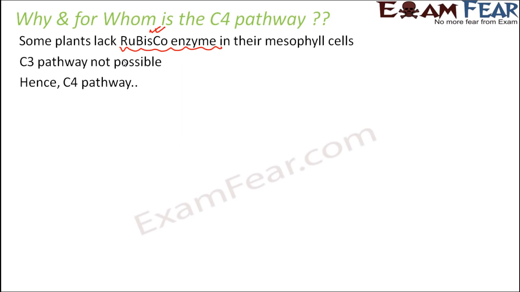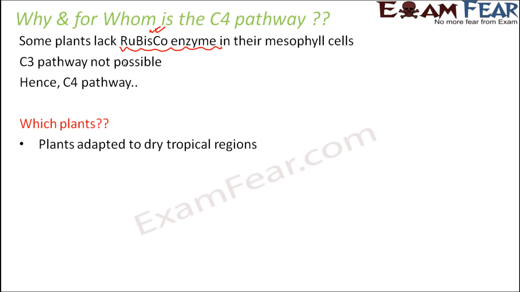Which are those plants which lack the rubisco enzyme in their mesophyll cells? Mostly these are plants which are adapted to dry tropical conditions, and it has also been seen that mostly monocotyledonous plants are C4 plants. They are adapted to dry regions, and they also have a few other characteristics which characterize them as C4 plants.